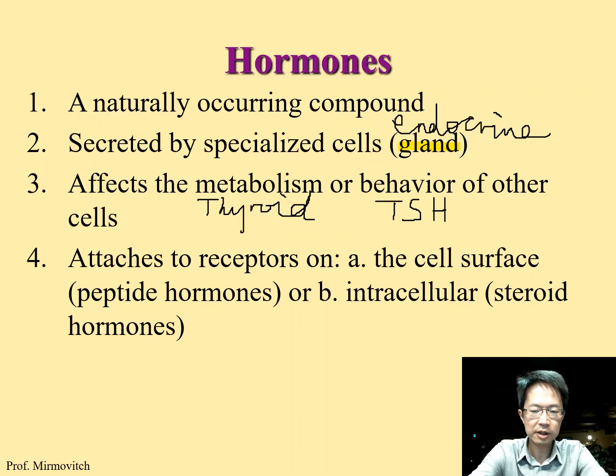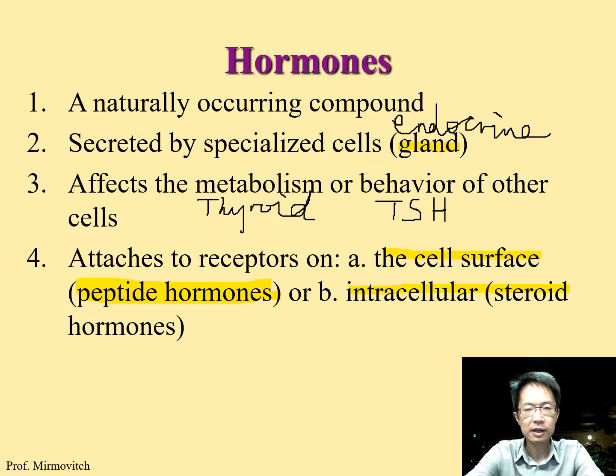A hormone attaches to a receptor on the cell surface if it is a peptide hormone, or we call it protein hormone as well, or intracellularly, for steroid hormone. What does it mean? If it is a peptide hormone or protein hormone, it cannot go through the cell membrane, because many proteins are either too large or hydrophilic. They have some polar parts, or they may contain some charges.